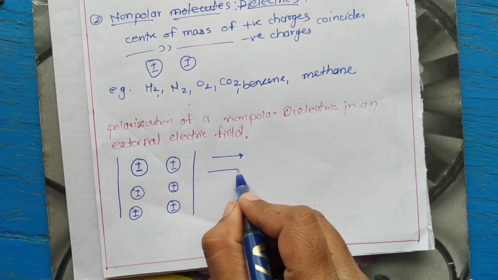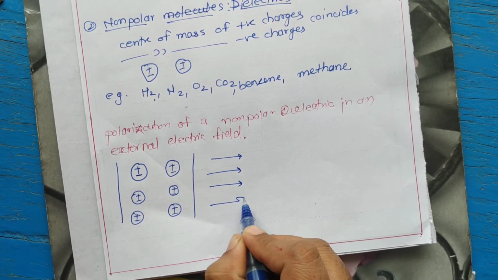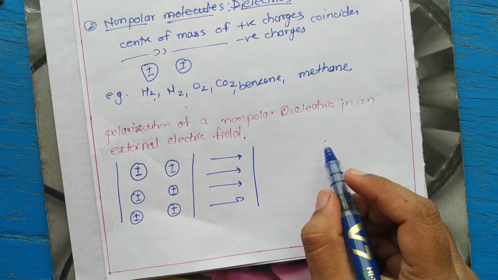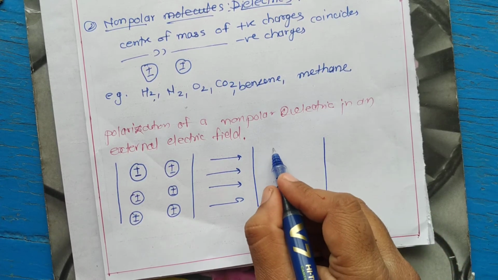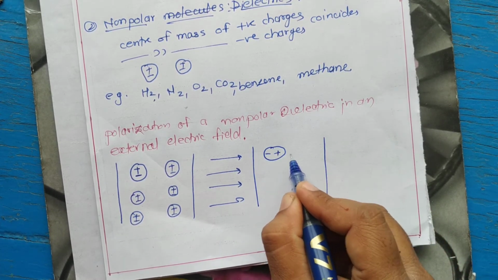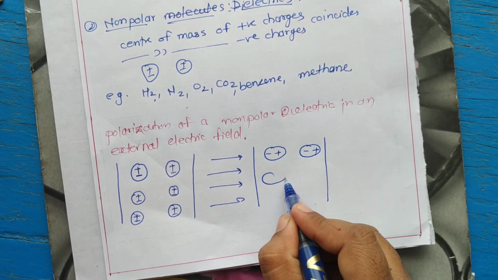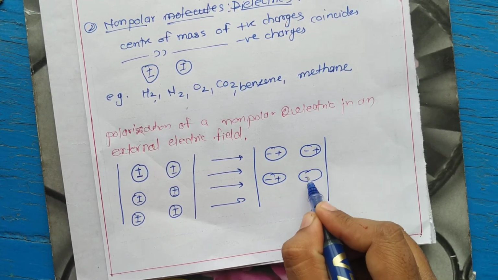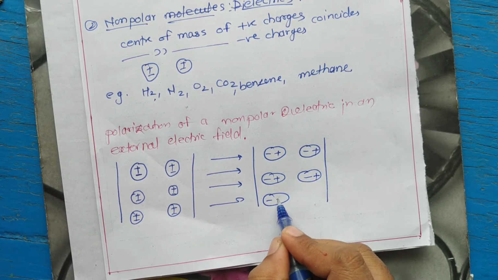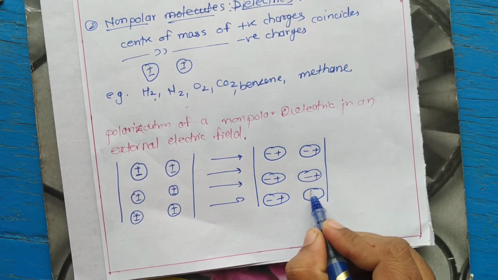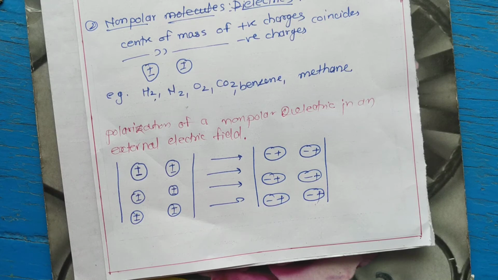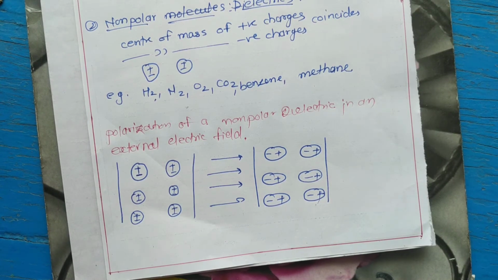If we apply an electric field to this, we will get a structure like this: negative positive, negative positive, negative positive, negative positive. That means these non-polar molecules become polar and will show a net dipole moment.